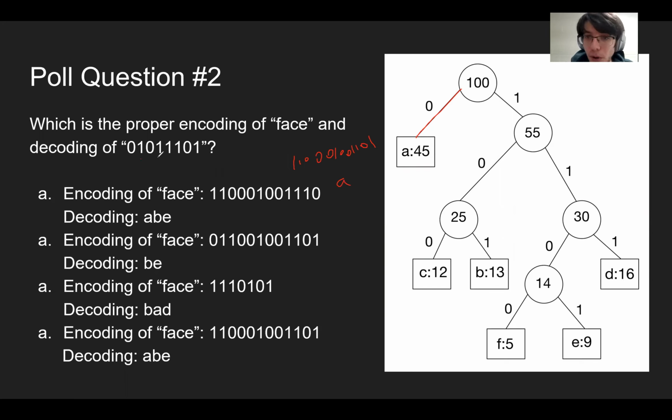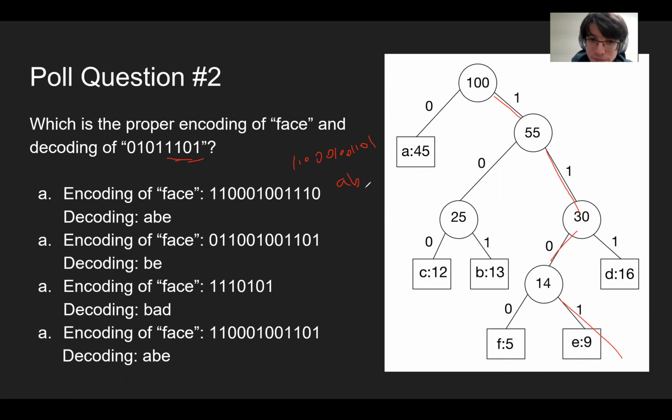And then we have 1, 0, 1. That gives us B. And then the next one, after 1, 0, 1, is 1, 1, 0, 1.